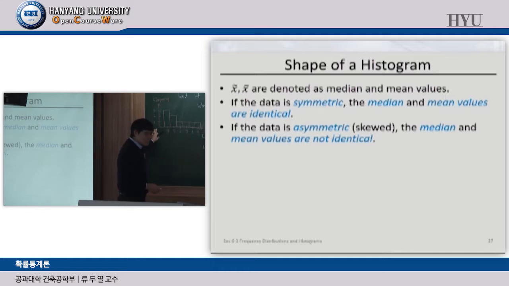Okay? And this is right skewed, which means that this is not a symmetric data point, right? And this is an asymmetric data point. And in this case, if we have a larger value on your left side, we can say this is the right skewed distribution, okay?